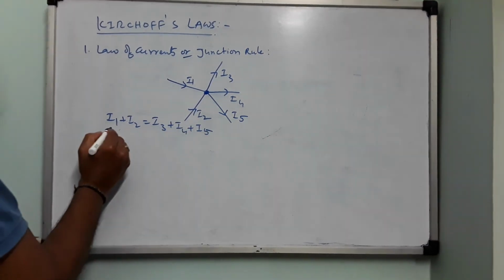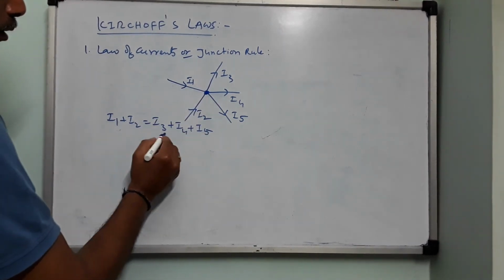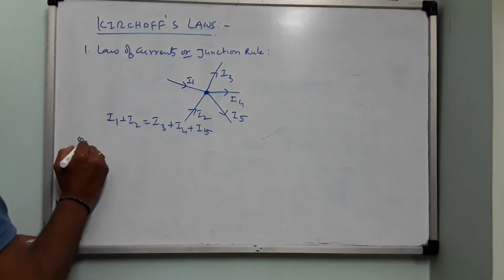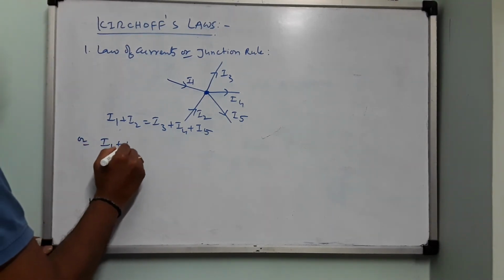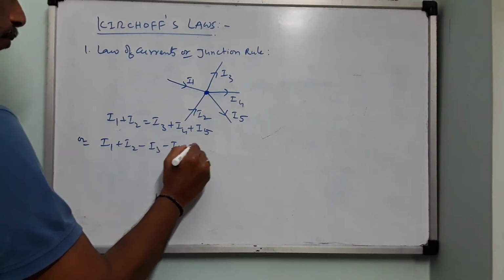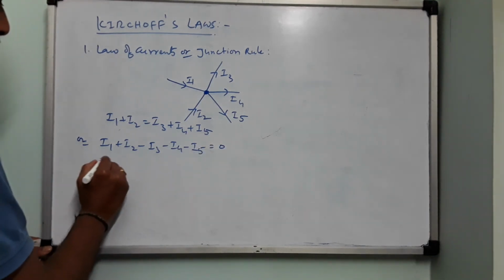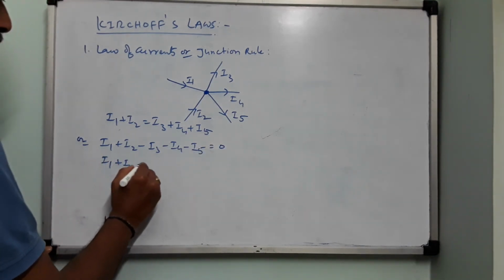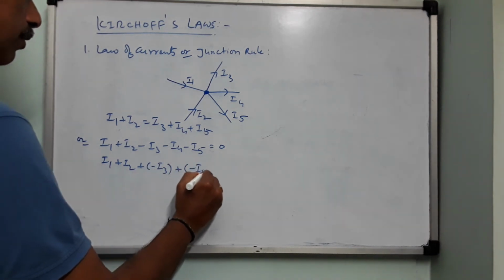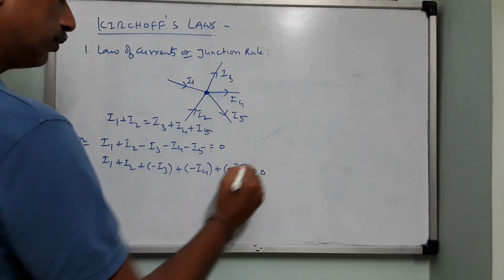That is, the sum of the currents entering a junction point must be equal to the sum of the currents leaving that junction point. Or you can also write it as I1 plus I2 minus I3 minus I4 minus I5 equals 0. This also will be written as I1 plus I2 plus of minus I3 plus of minus I4 plus of minus I5 is equal to 0.